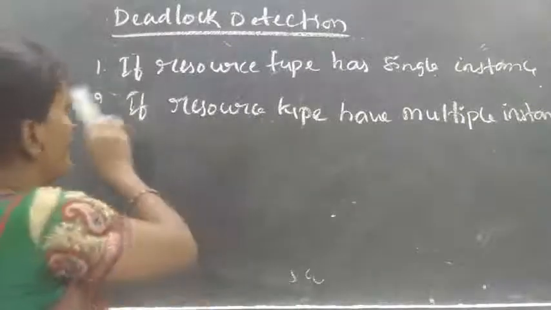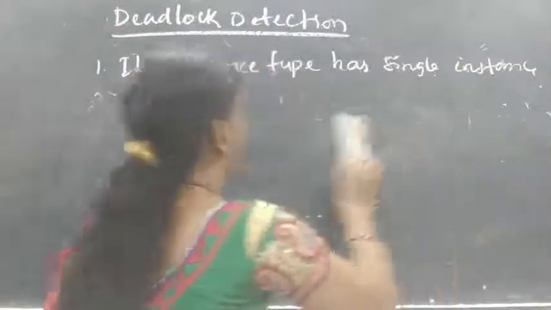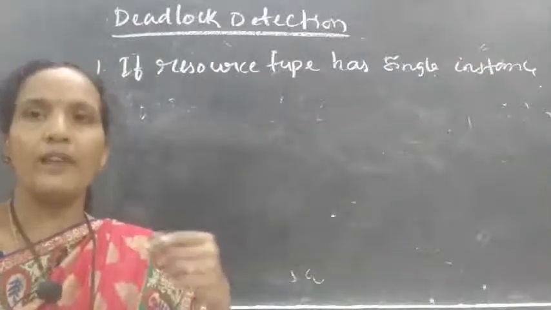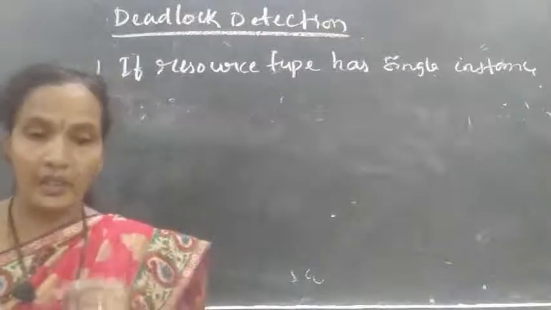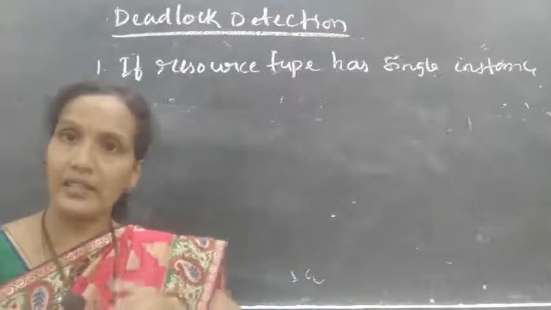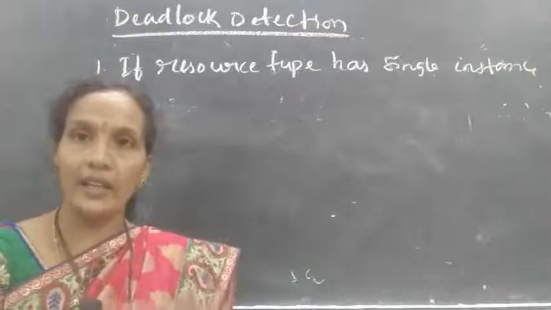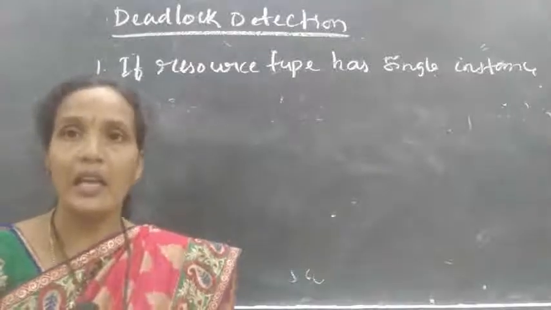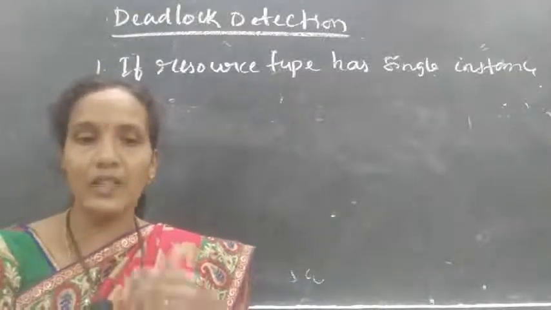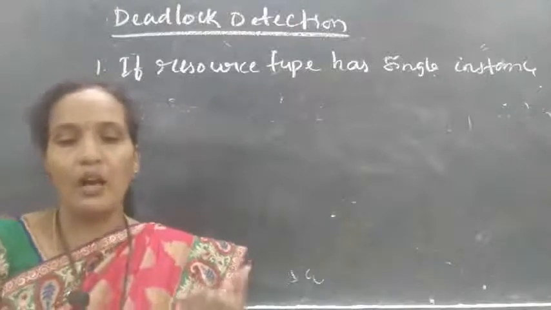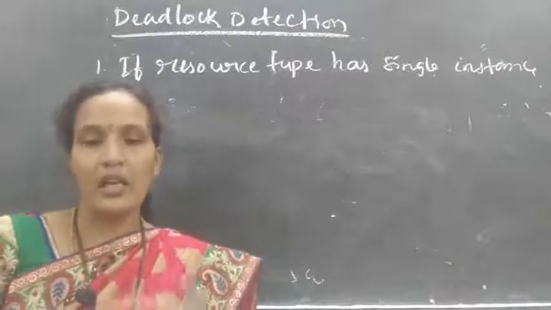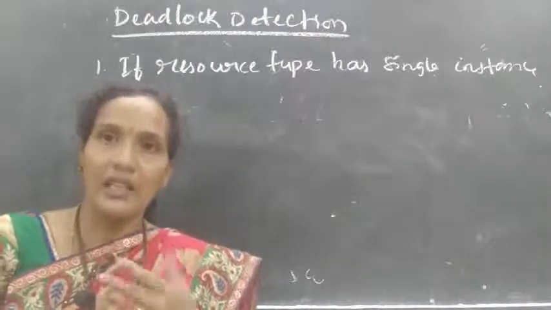Now we'll discuss the first one. If the resource type has only a single instance, meaning only one device, and there is a deadlock, then we can define the deadlock detection algorithm that uses a variation of the resource allocation graph.